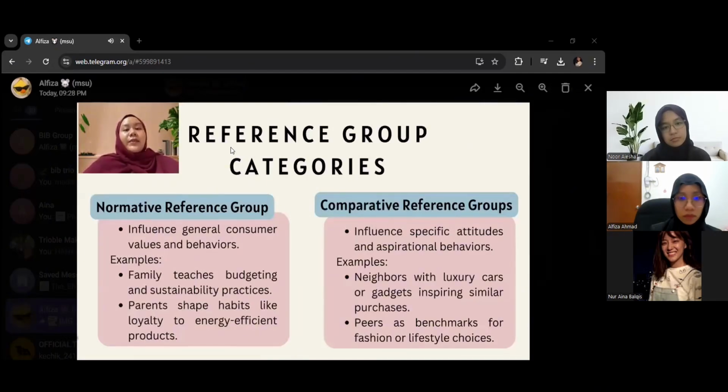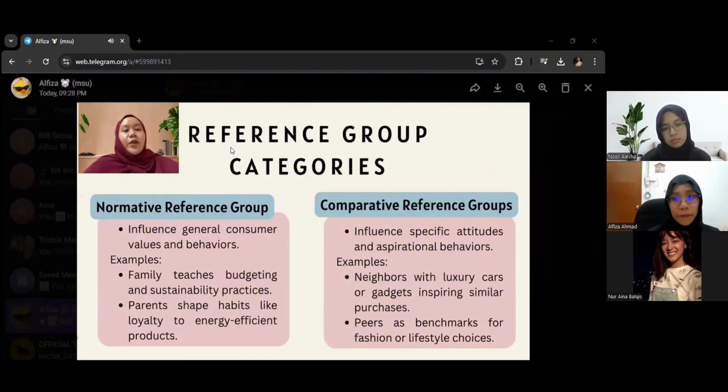Second, we have comparative reference groups. These groups influence more specific behaviors and attitudes. They include peers, colleagues, or neighbors whose lifestyle or consumption habits we admire and want to replicate. For instance, seeing a neighbor drive a luxury car or use the latest high-end smartphone might inspire someone to pursue similar purchases.